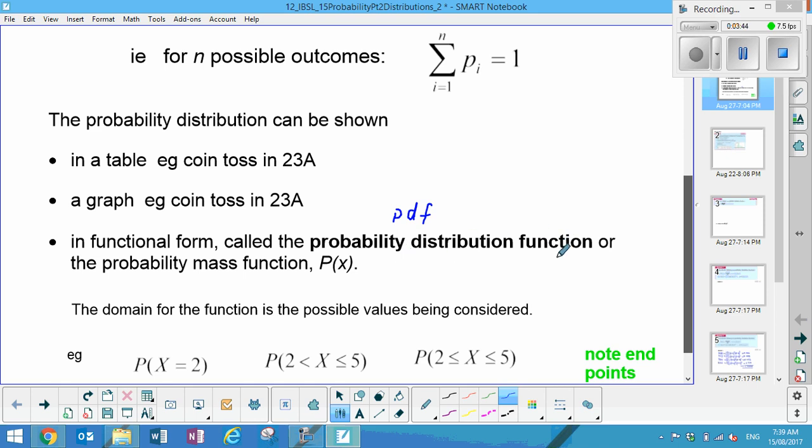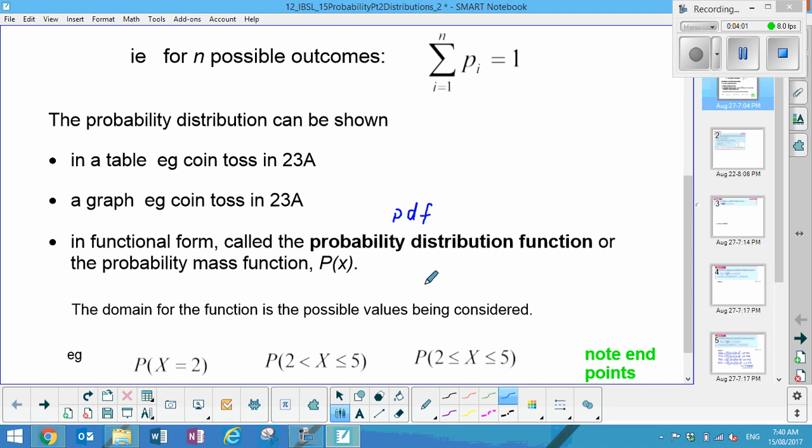A probability distribution function is also abbreviated PDF. We also can refer to it as a probability mass function, and we'll look at more of that later, why it's that sort of concept to do with integration and the area under a curve.